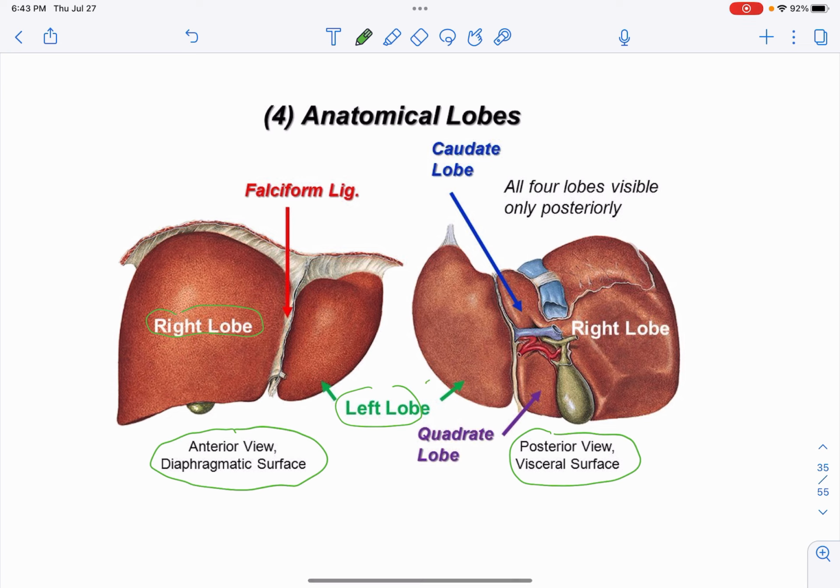Here you can still see the left lobe and the right lobe, but you'll also notice there are two smaller lobes. The superior one is the caudate lobe, and the inferior one is the quadrate lobe. You can also see how the gallbladder is tucked in right there on the posterior side of the liver.